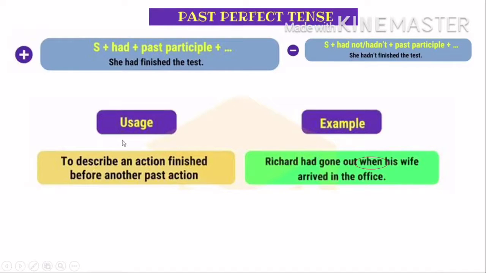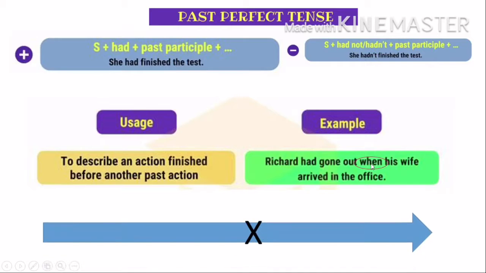We use past perfect to describe an action finished before another past action. Richard had gone out when his wife arrived to the office. So we have an action: his wife arrived to the office.